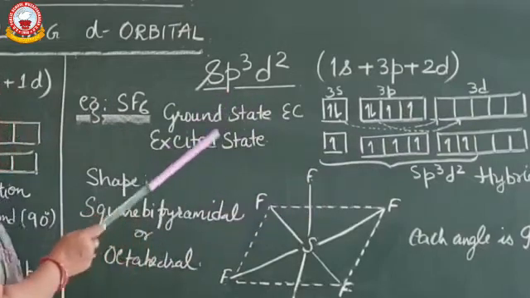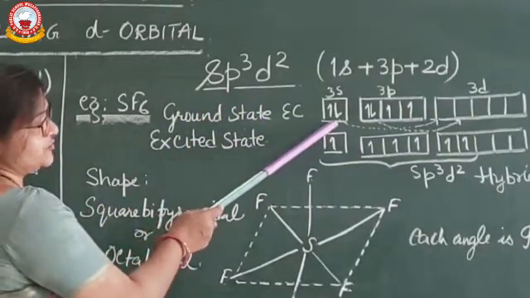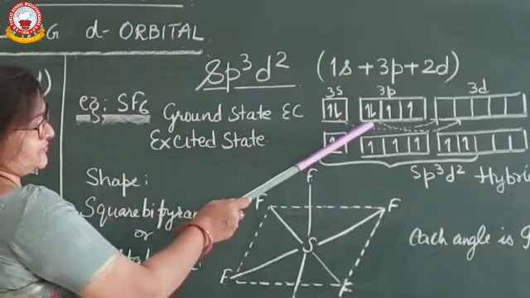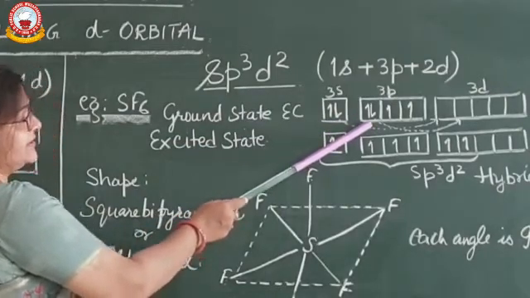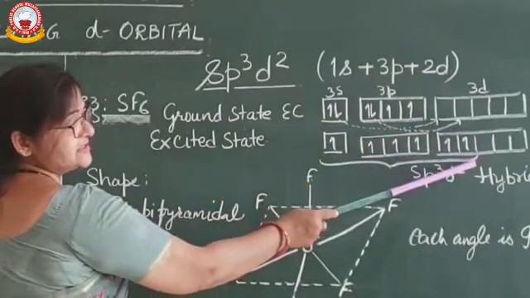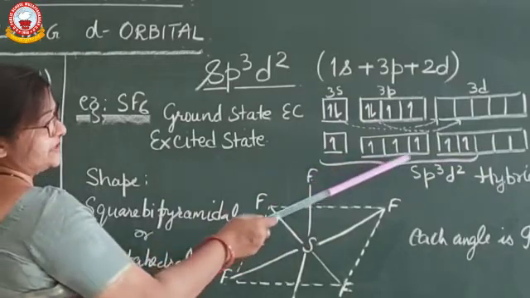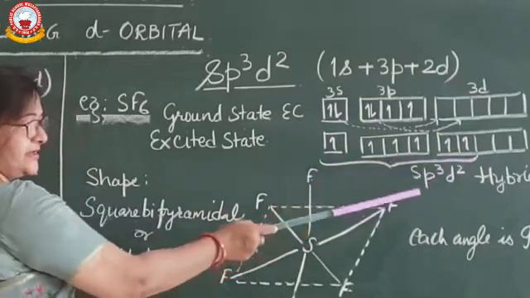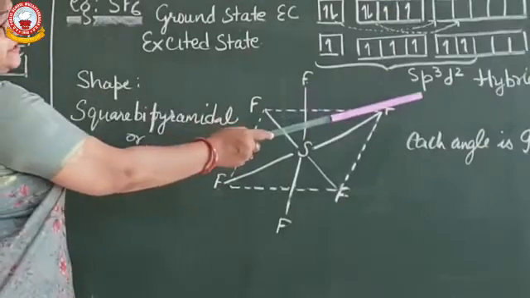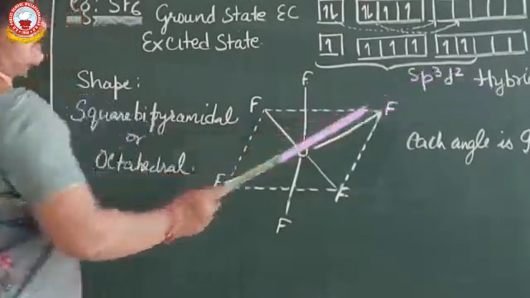Now, to form sp3d2 hybridization, one electron from 3s and one electron from 3p get unpaired and shifted to 3d orbitals and then 1s, 3p and 2d orbitals mix and hybridize to form sp3d2 hybridization.